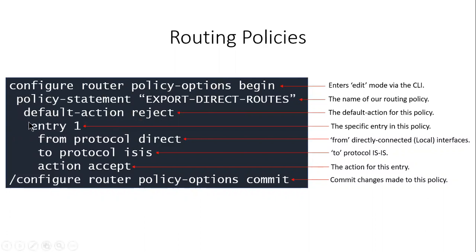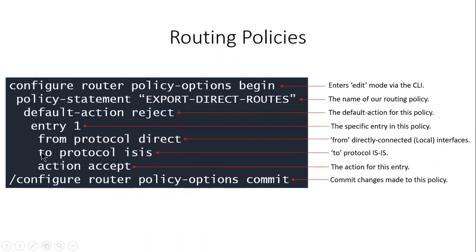And after we specify the default action, we go ahead and create our first entry. And this is where things should look a bit familiar. Within our entry, we're going to specify where we want this information to come from. And in our case, we want it to come from the protocol direct. So these are going to be our local routes.